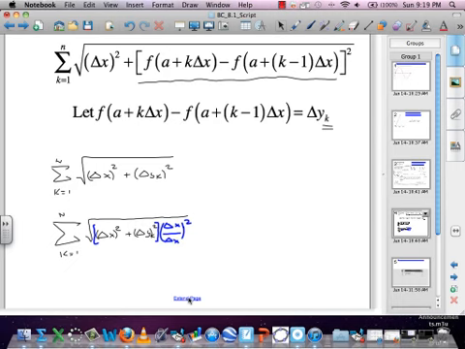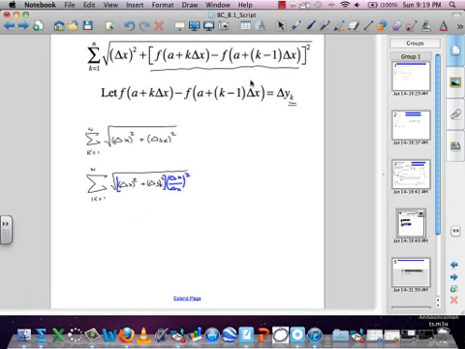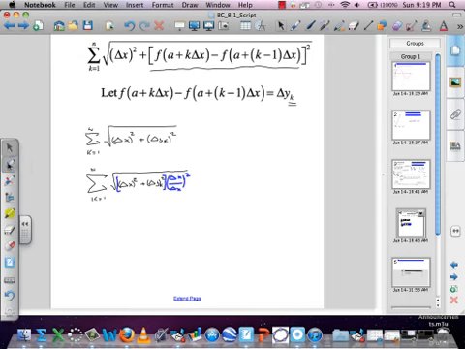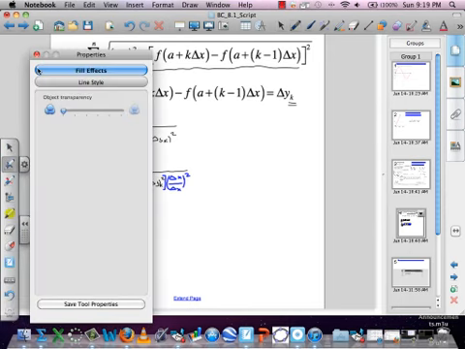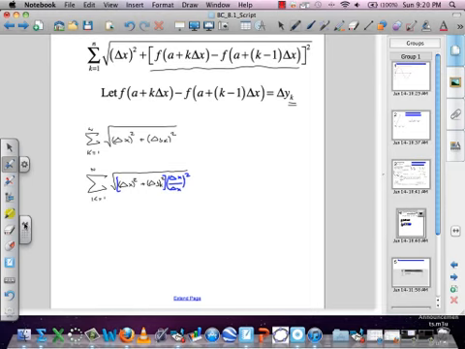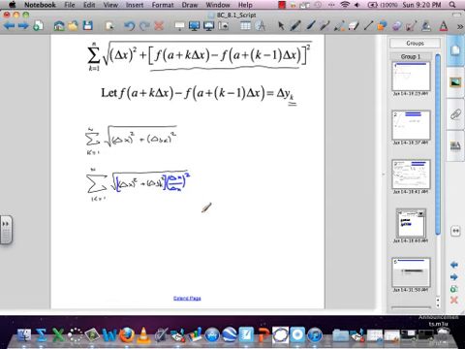And now we're going to move some things around here. Okay, I'm going to take one of those delta x squareds outside of the square root. And when it comes out of the square root, it becomes just a delta x. Delta x is positive, so I don't have to worry about absolute value here. Okay, so I took one of those delta x squareds out. There's still 1 over delta x squared on the inside.